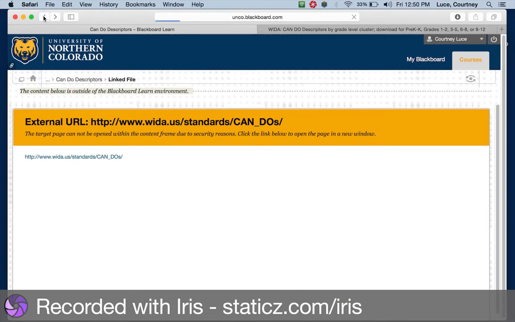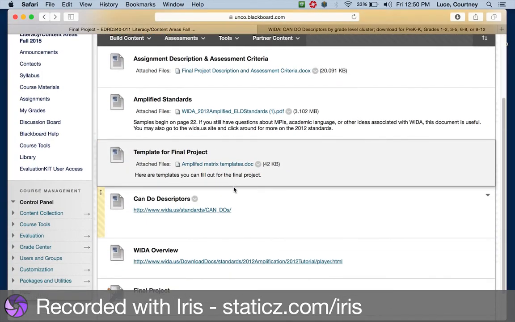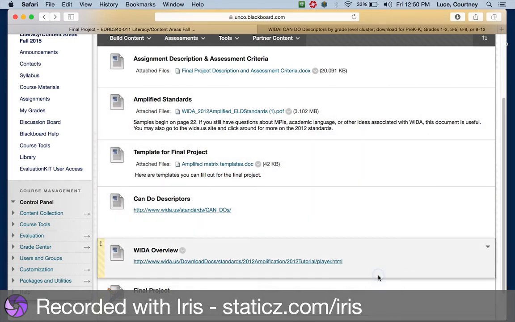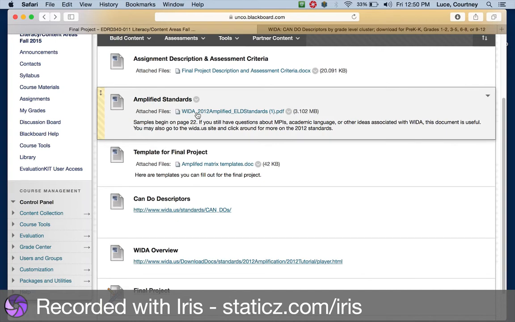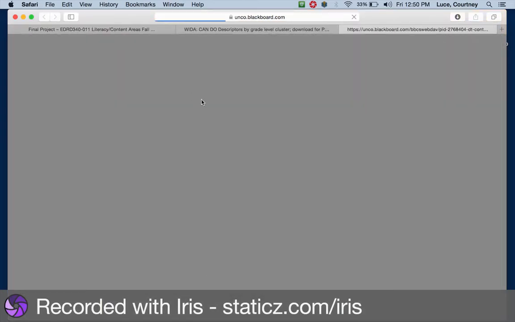If we go back here, then we have another document called Amplified Standards. If we click on our Amplified Standards here, this document is really helpful.